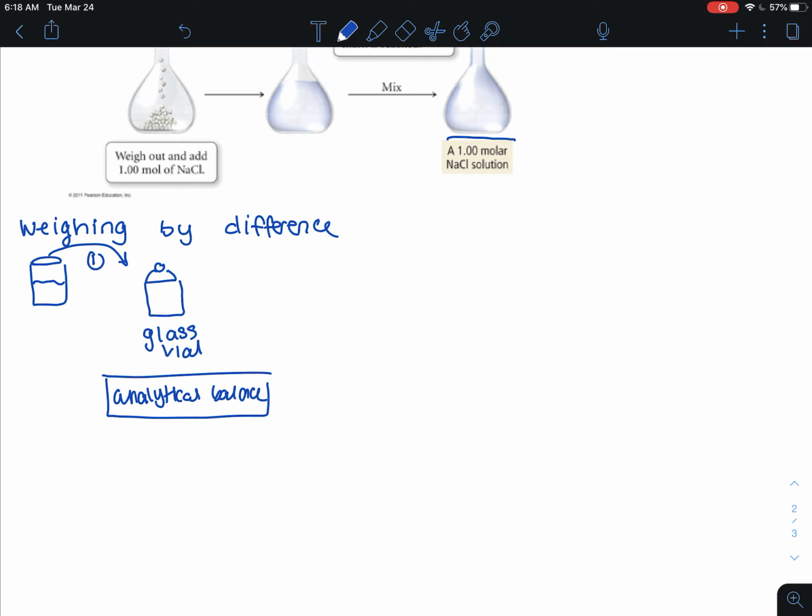And you take the mass of that. Let's say this is your analytical balance. So you're not measuring anything. You are taking all of the contents from your plastic vial into your clean, dry weighing bottle and taking the mass. Then what you do is you take out some of it and weigh it again until you get around 5.1 grams.